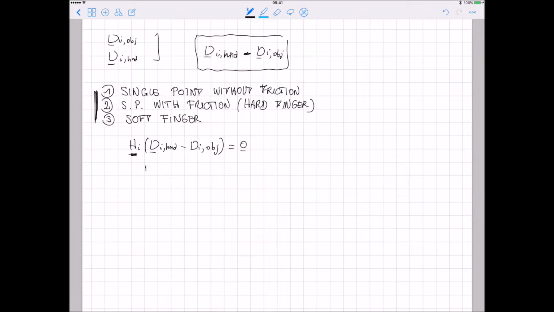So this matrix H_i has dimensions L_i times 6, where L_i depends on the contact model. So this is what we do for the kinematics of the contact. In the kinematics of the contact, we constrain some parts of the relative twist.